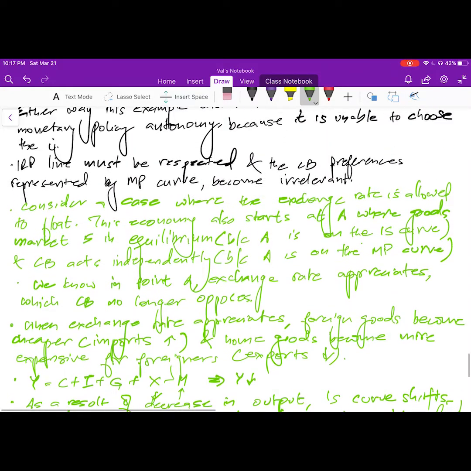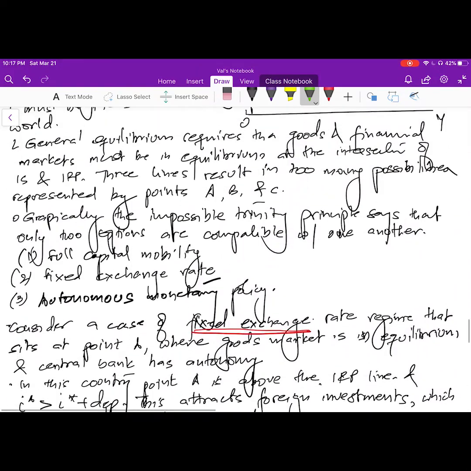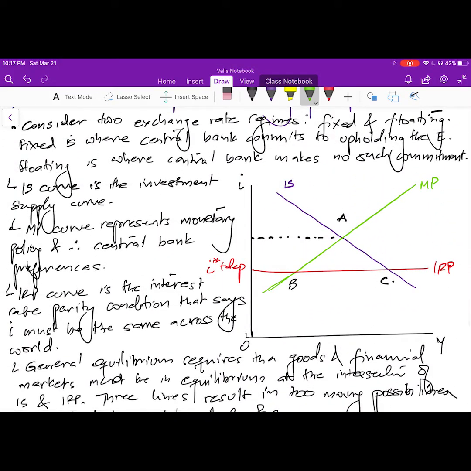So let's look at the diagram again that we drew a few minutes ago and look at what has happened. So we're at point A in the second example, and the exchange interest rate is greater than the IRP condition interest rate. Therefore, the currency appreciates.